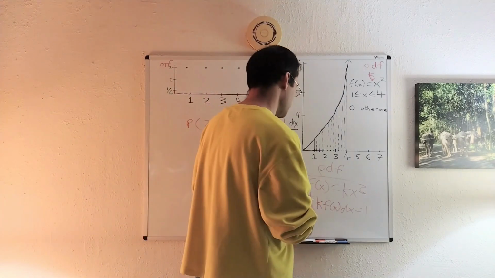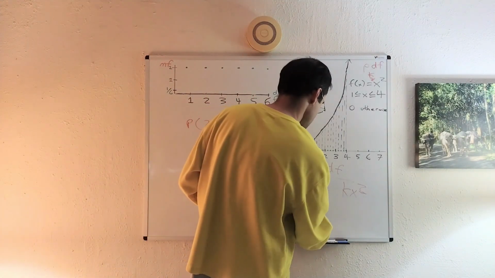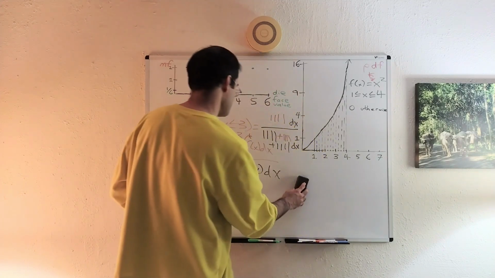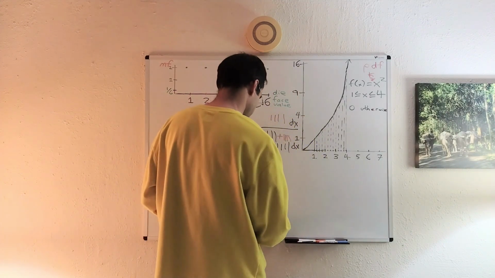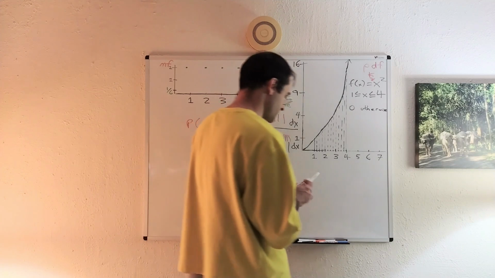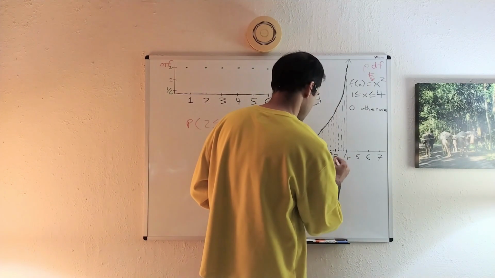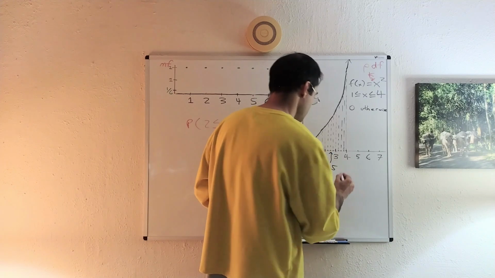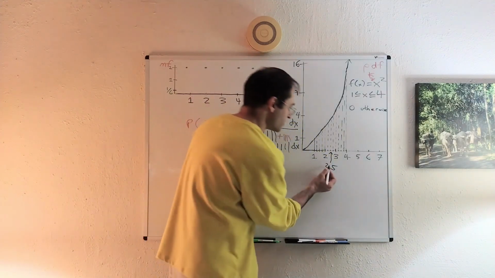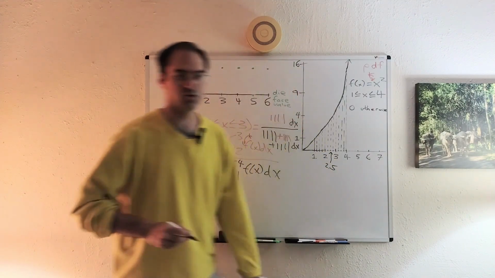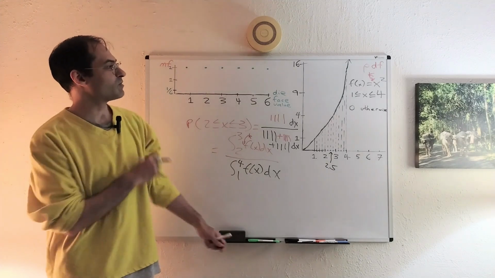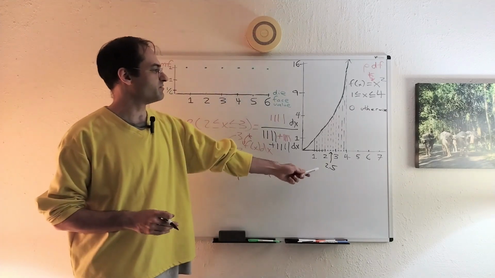say we have a value of a singular outcome here that's maybe 2.5, and we want to know the probability of getting that specific value.